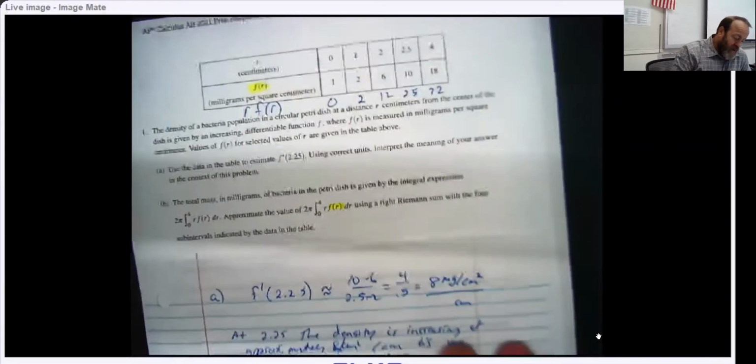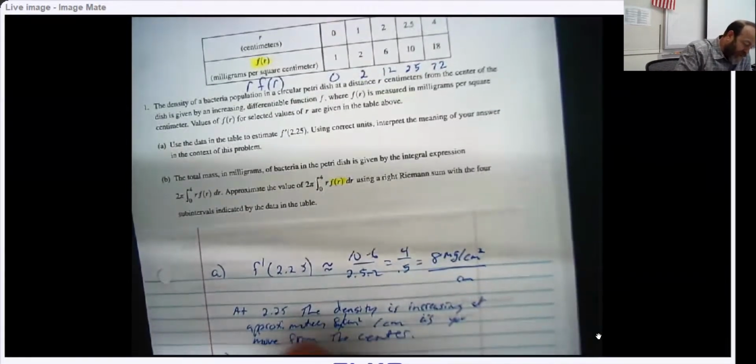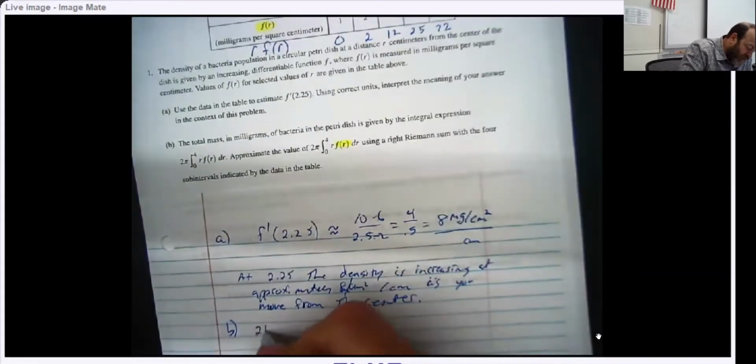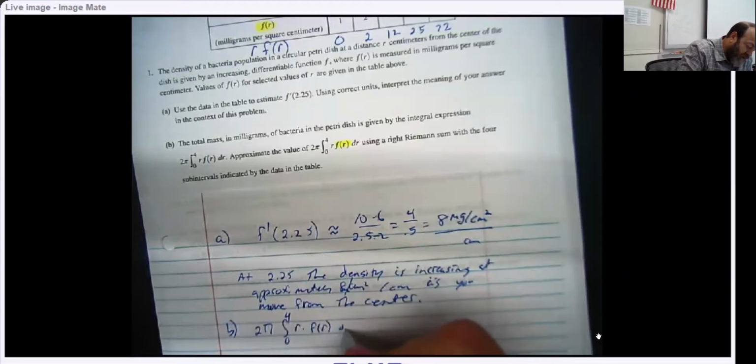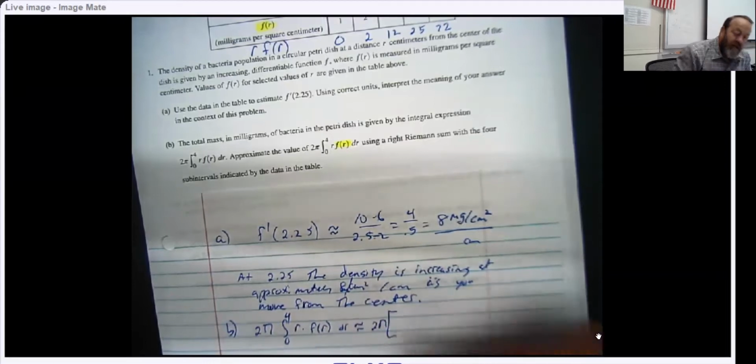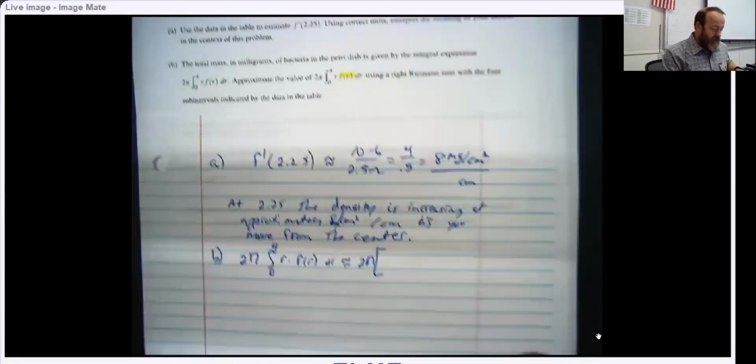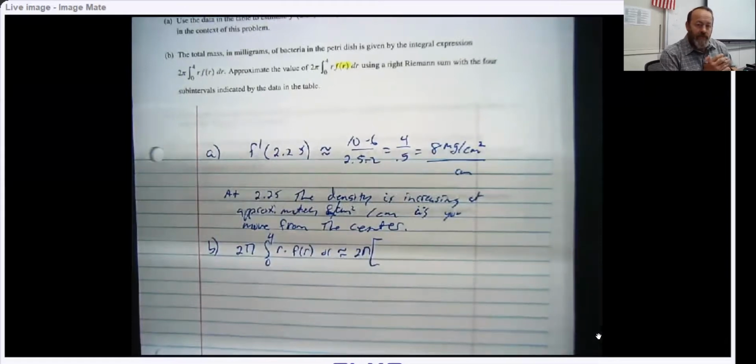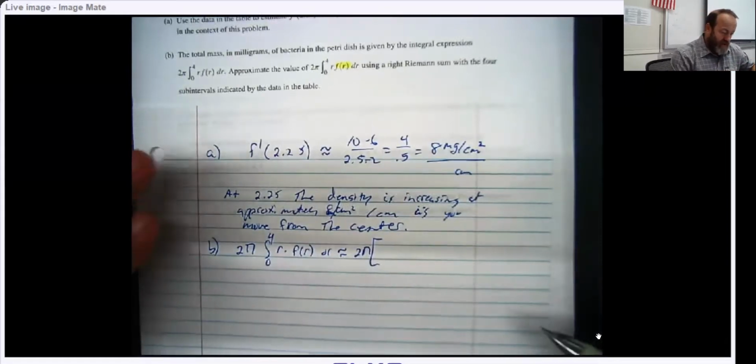Now for part B we have 2 pi times the integral from 0 to 4 of r times f of r dr, which would be approximately, keep in mind, we're just going to leave that 2 pi sitting out in front because it's a constant, but then we're supposed to do a right-side Riemann sum.